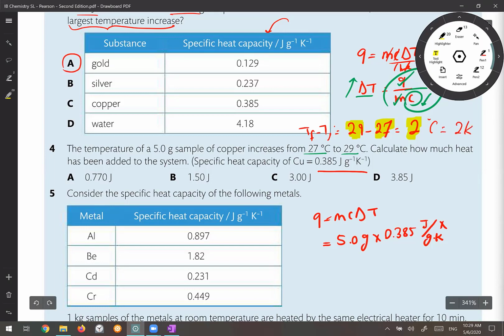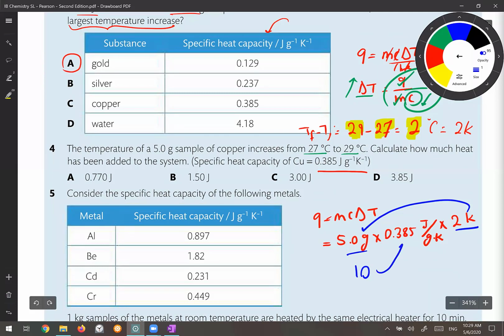So delta T is 2 Kelvin here. I have to multiply all of these to get the answer. Okay, this is the multiple choice question, so you cannot use the calculator here. So it means the calculations must be easy. 2 times 5 becomes 10. 10 times 0.385 becomes 3.85. So the answer is D.